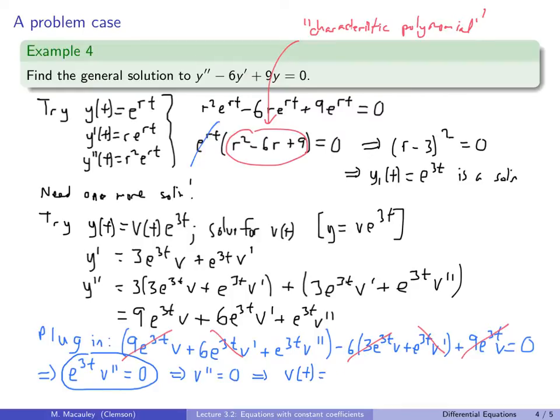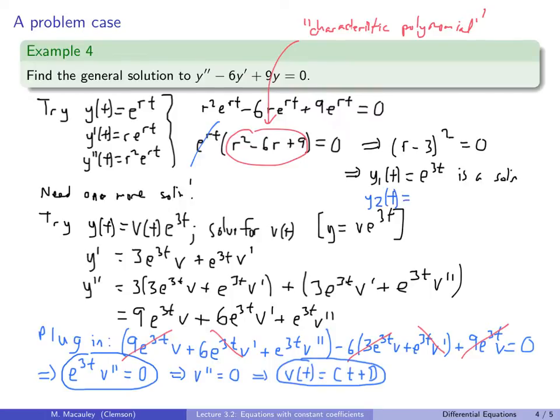So that means that v of t has to be mt plus b. I'm going to write this as ct plus d. So any, and I stress any, function of this form, ct plus d, is going to work for a solution like this. So you're free to choose any c and any d that you want. Well, almost any. Now, if you remember what we're doing, we have one solution. We're looking for another solution, y2 of t.